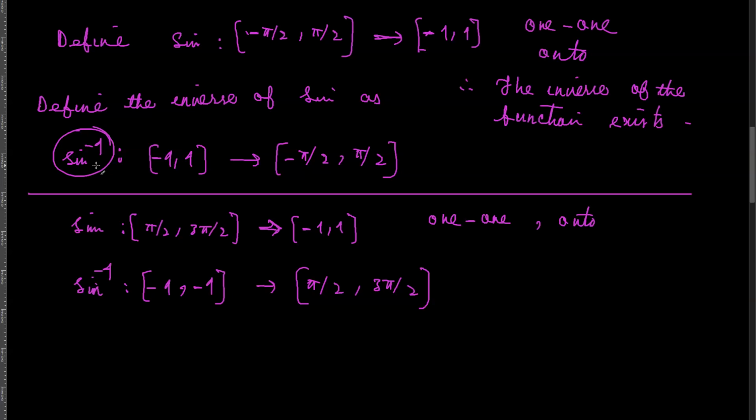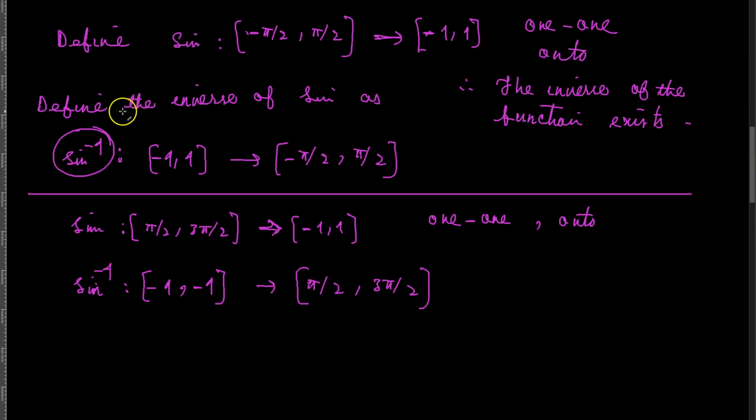And so, since having an agreement is essential and important in mathematics, we have defined the sine function just for the sake of the inverse as having the domain negative pi by 2 to pi by 2 and the range as negative 1 to 1.